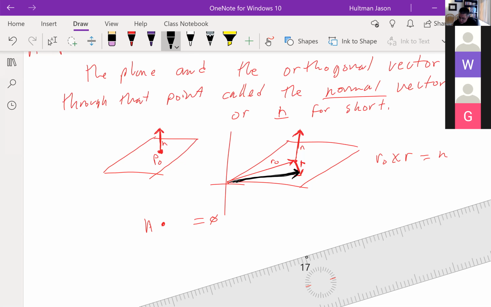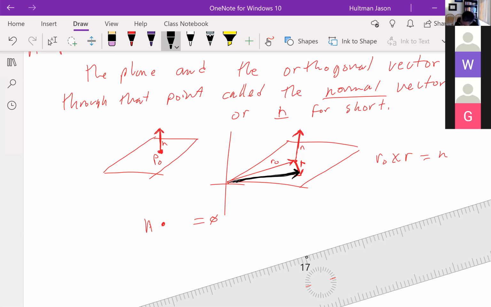Yeah, let's think about this for a second. That's a triangle that I created, head to tail. We're going this way.